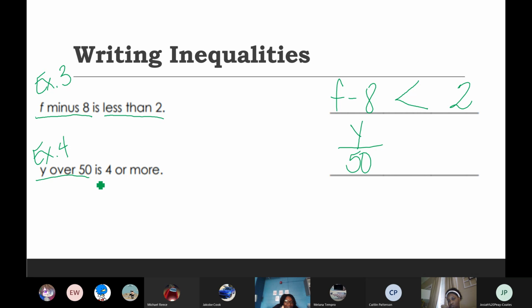Whenever I see that more there, less than or equal to, or greater than or equal to. Greater than. Very good.